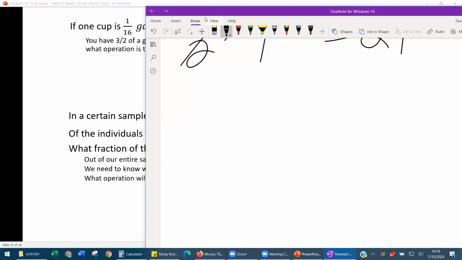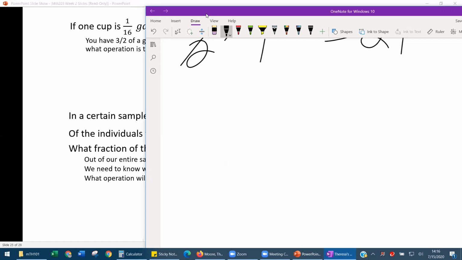Okay, so the next one's a little bit different. In a certain sample of individuals, 2/5 are known to have blood type O. Of those 2/5, a fourth of those 2/5 are Rh negative.